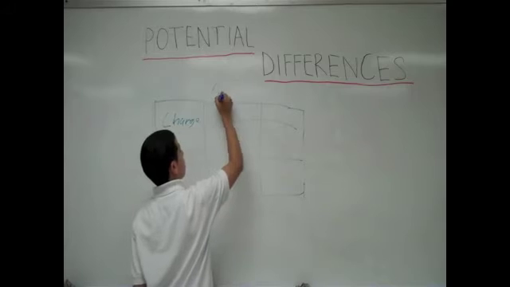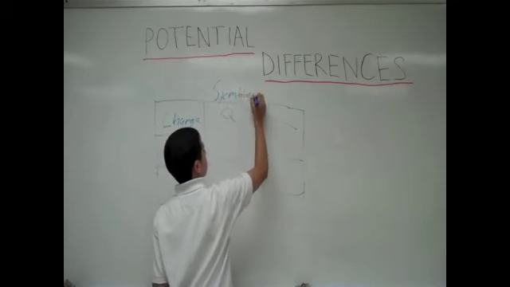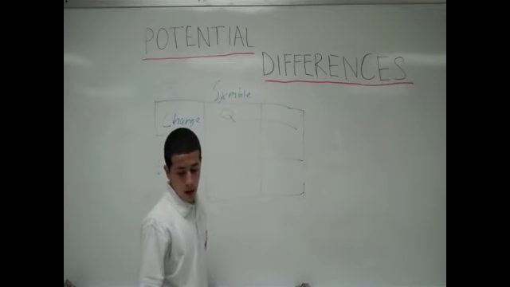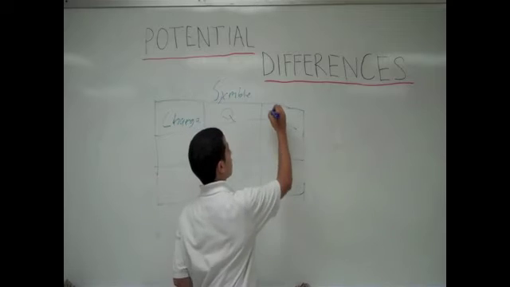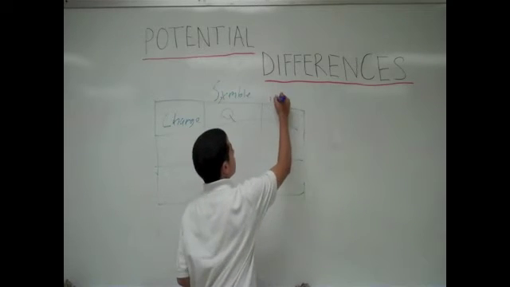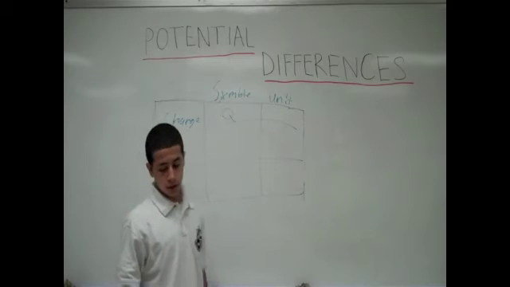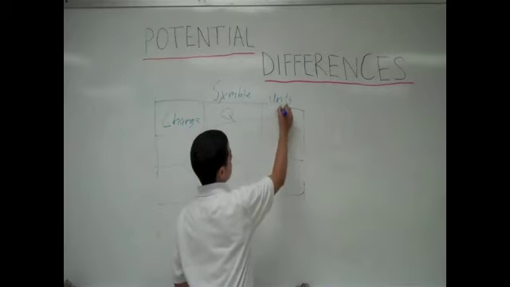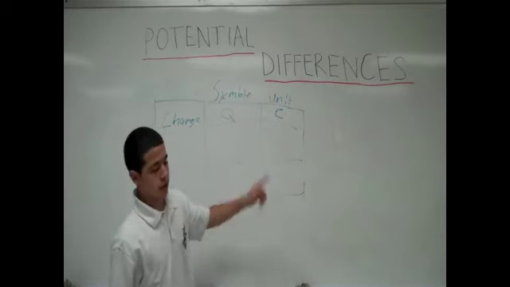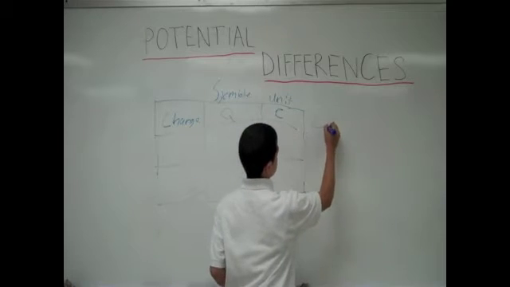The symbol for charge is Q. And the unit it is measured in is the Coulomb, which you could represent as C.